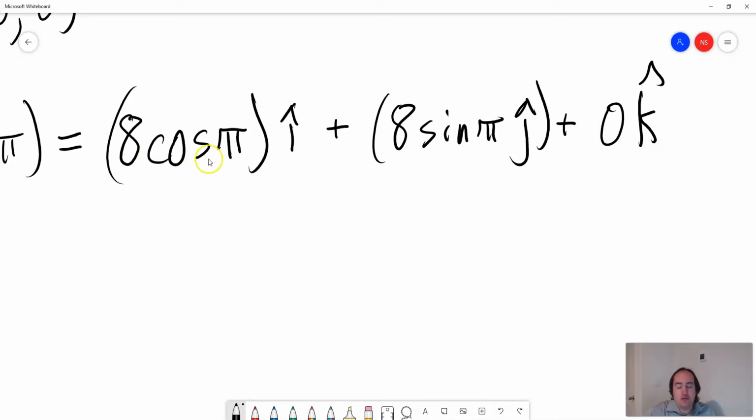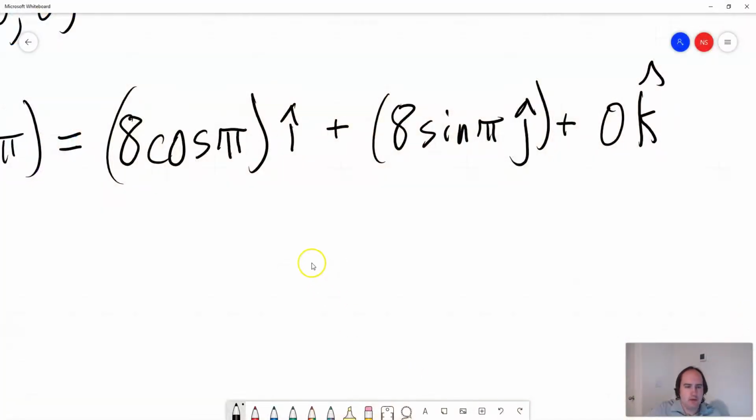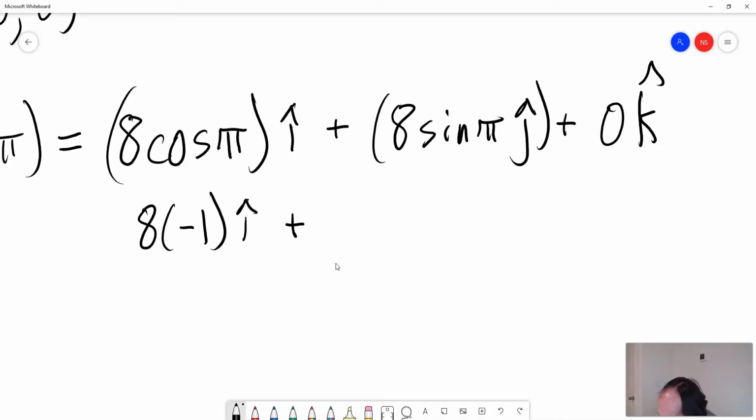All right, and recall that cosine of pi is actually the same as -1. So we have 8 times -1 times i plus sine of pi is 0.